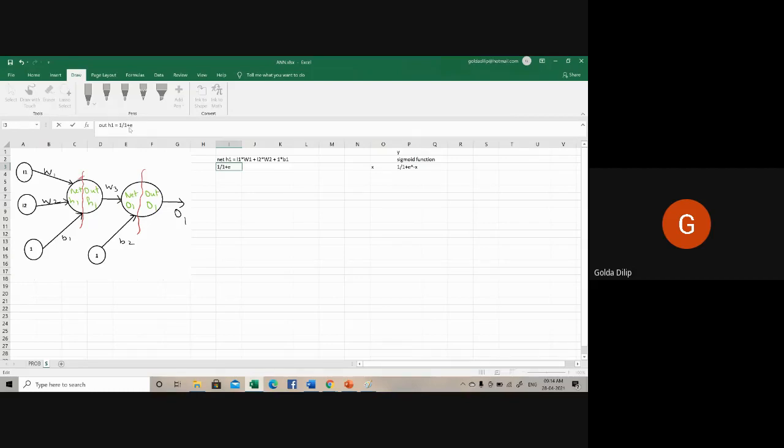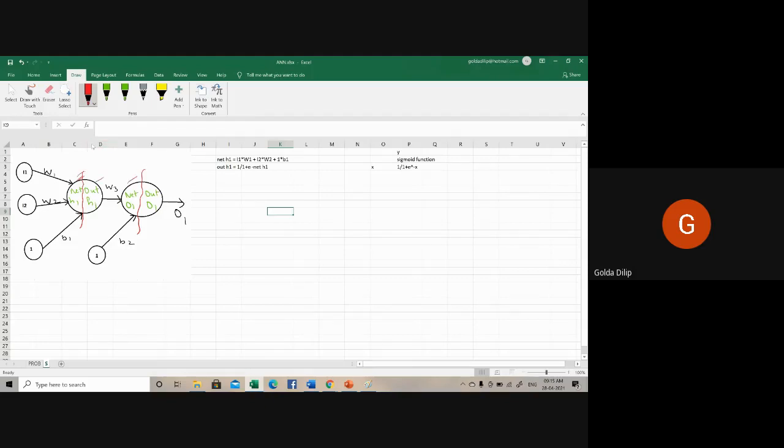So x will be net H1, and I will write it as e to the power minus net H1. So this will be my out H1, where x is nothing but your net H1. I have calculated net H1 and out H1.